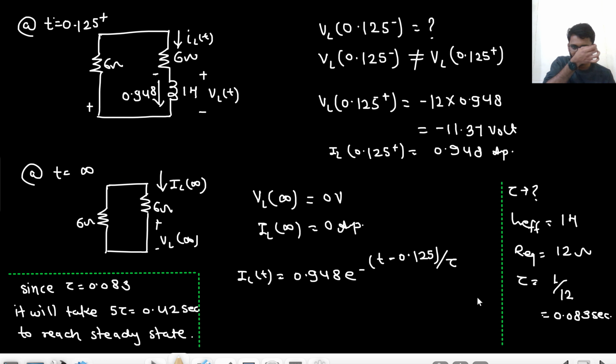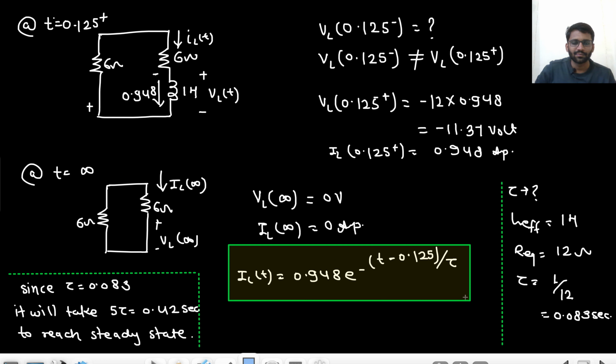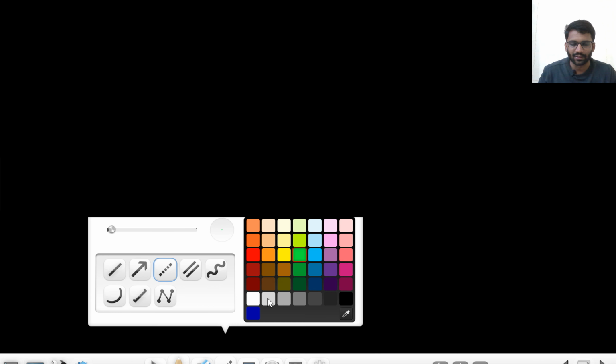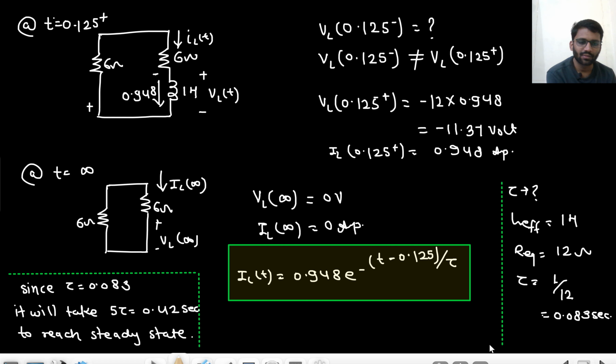So this is the expression for IL(t). The equation is not needed actually. For IL(t) and for VL(t) as well, we will make the graph. So this is IL(t) and this is VL(t). What about IL(t)?